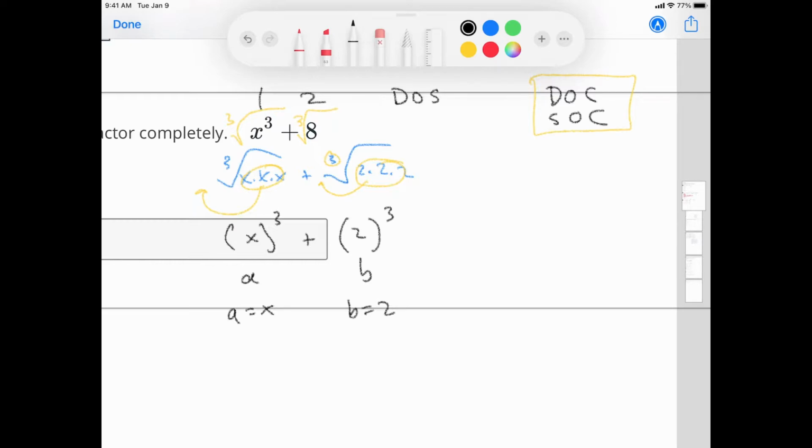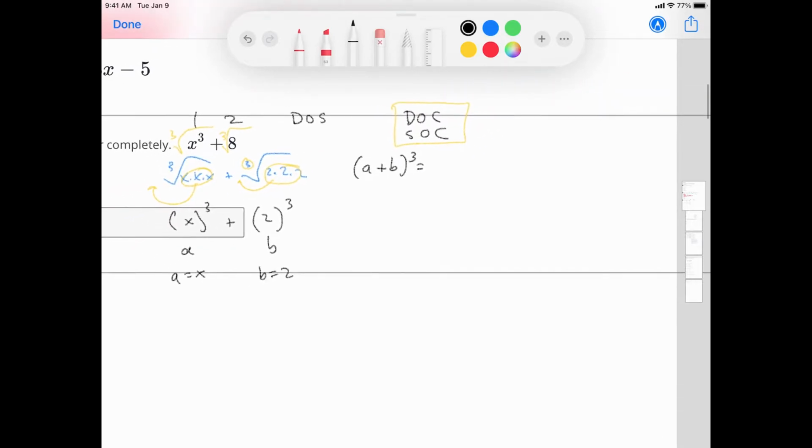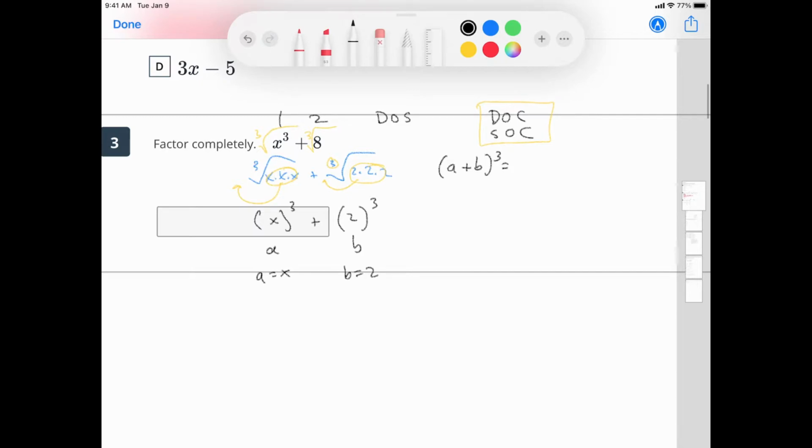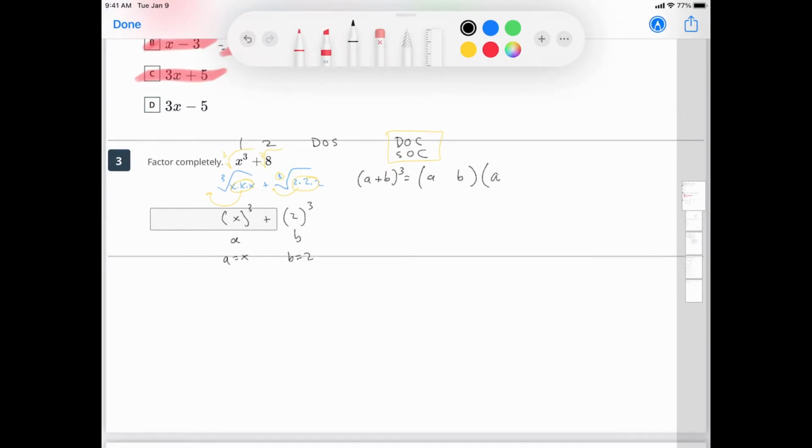So this follows the pattern of a plus b to the 3rd power equals a plus b times a squared minus ab plus b squared.